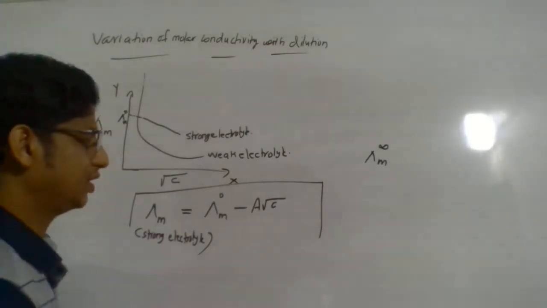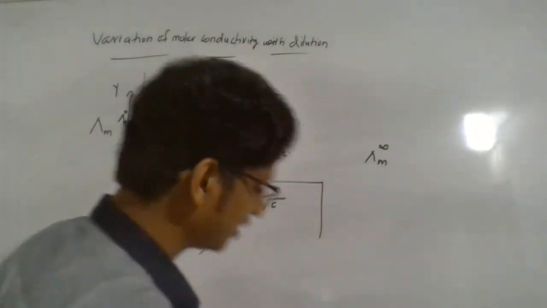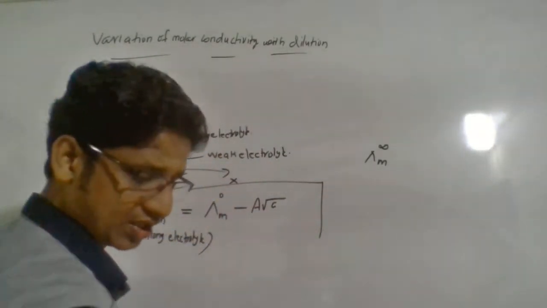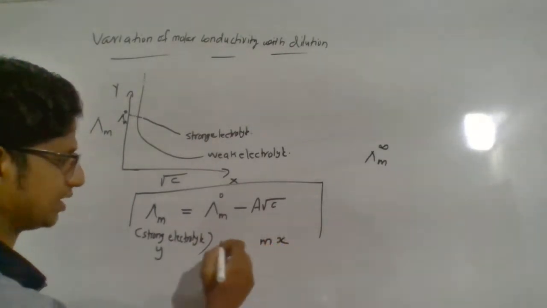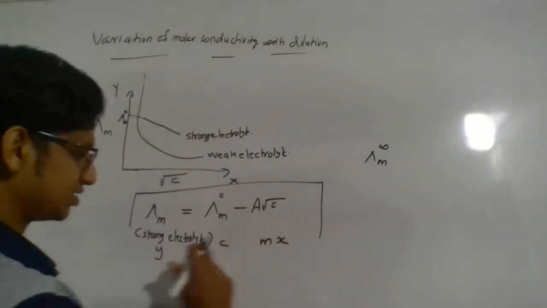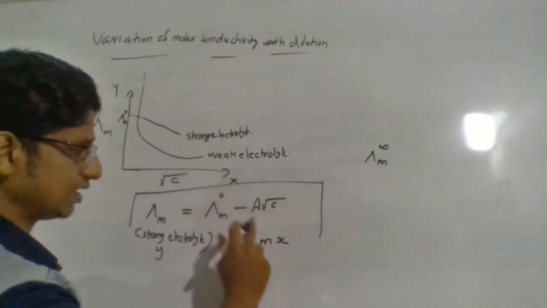This is actually an equation very similar to a straight line. We know for a straight line the equation is y equals mx plus c. It's an equation for a straight line where we have a negative slope.